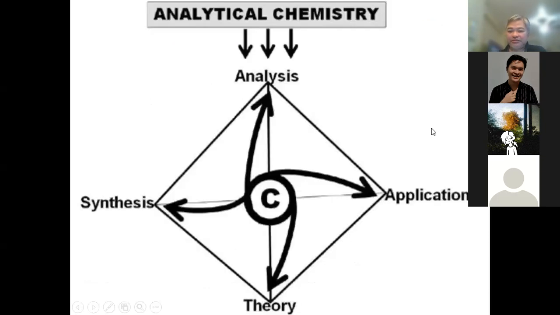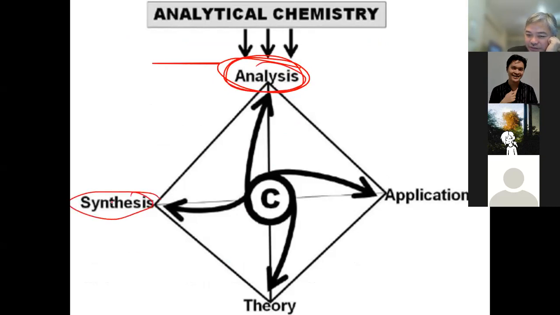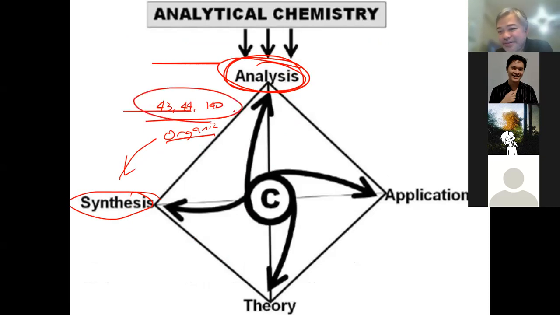Okay? So when you have analytical chemistry, although its main forte is analysis, you still have the synthesis. So where do you do synthesis? In orgo, right? We call it orgo here for organic. Or is it still 43, 44, and 140? Is that still the numbering? Yes po.